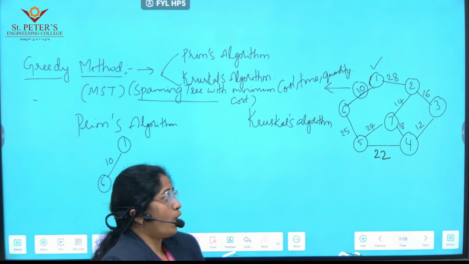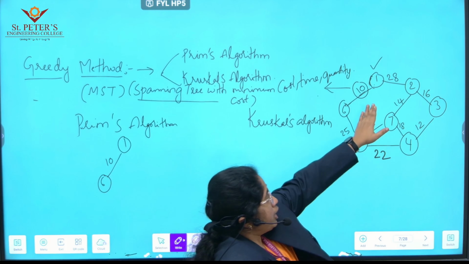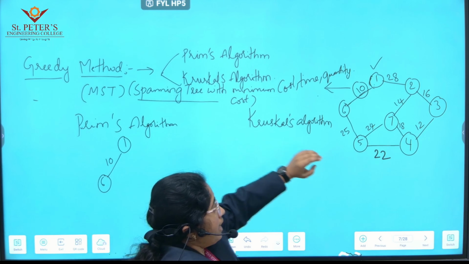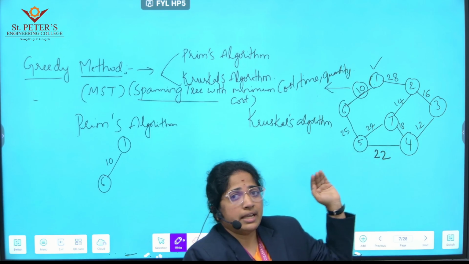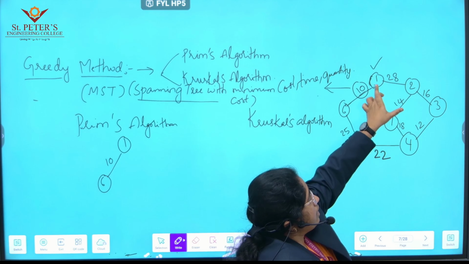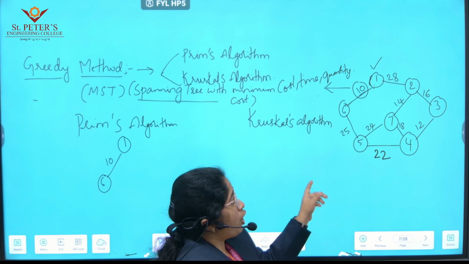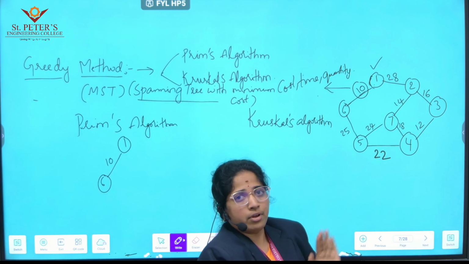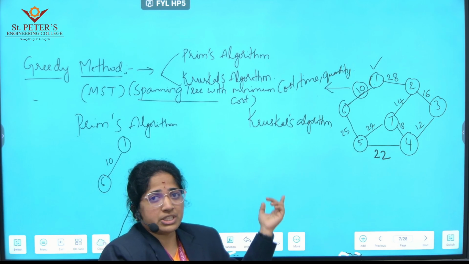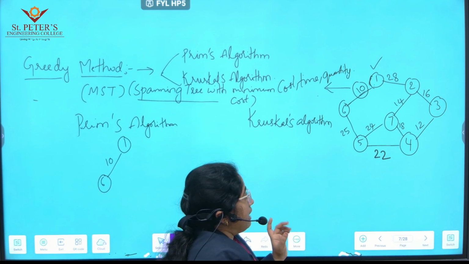But with Prim's algorithm, you have started the spanning tree with 1 to 6, and when selecting the next edge, we need to check only the connected graph, like from 1 to 2 and 6 to 5. We need not pick the least edge in the graph. You will come to know in detail when I draw Kruskal's algorithm; the clarification you will get.